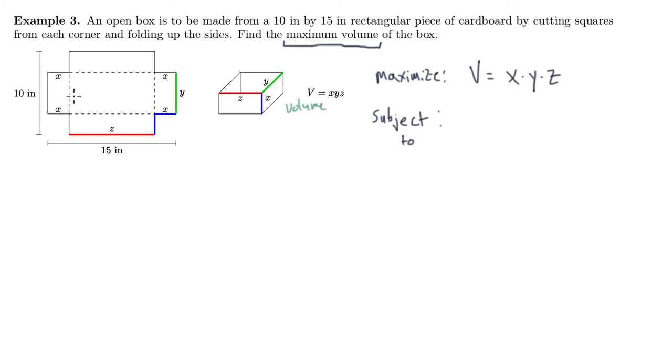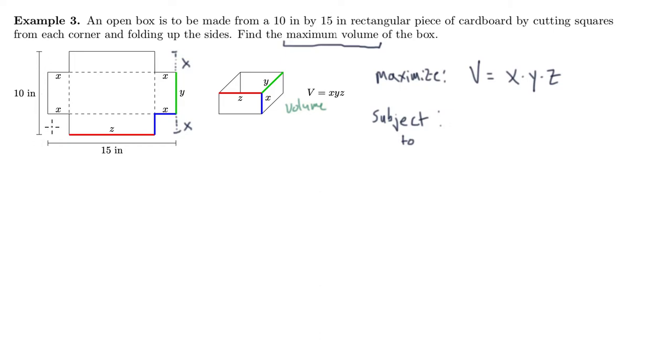Okay? So now, let's look at y here and z. So y, if I think about, okay, this is also x right here, and this is also x right here. If I take x plus y plus x, I should get 10 inches, right?